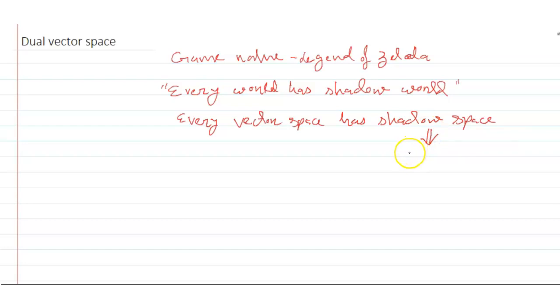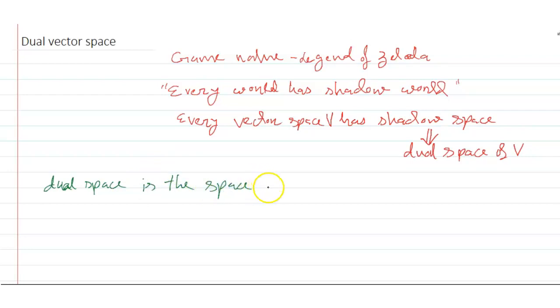Every vector space V has a shadow space, the dual space of V. The dual space is the space of linear functionals.